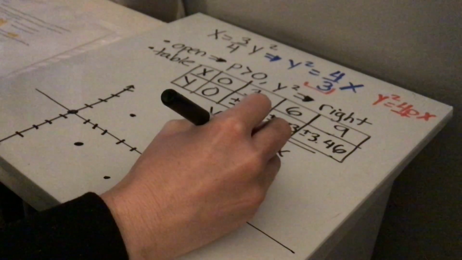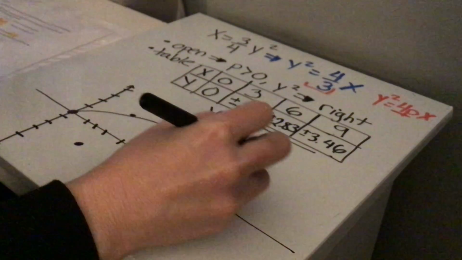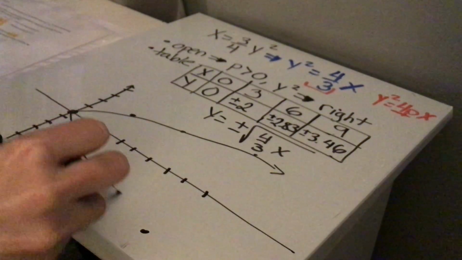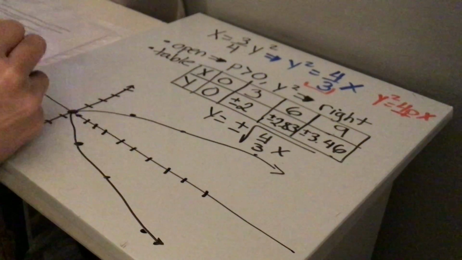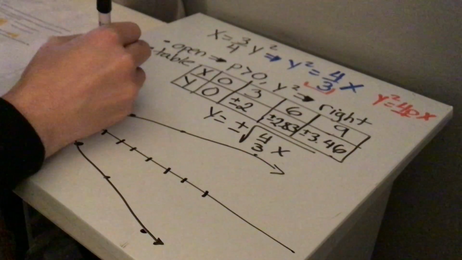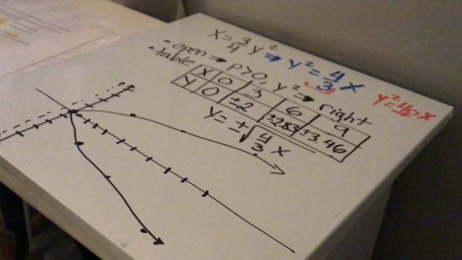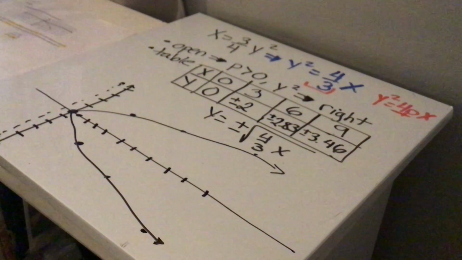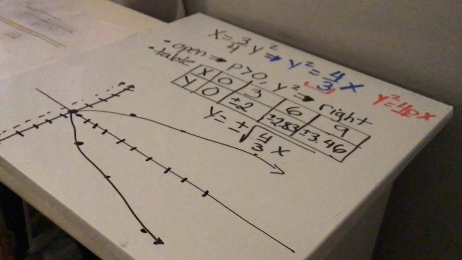And then almost to 4, almost to negative 4. So we get a parabola that is opening to the right. The focus would be here, and the directrix would be behind it at x equals negative 1/3. So that's how you graph them in this form.